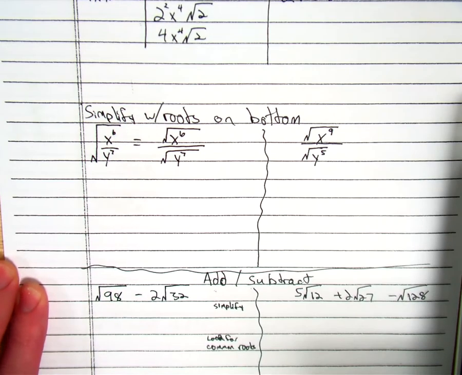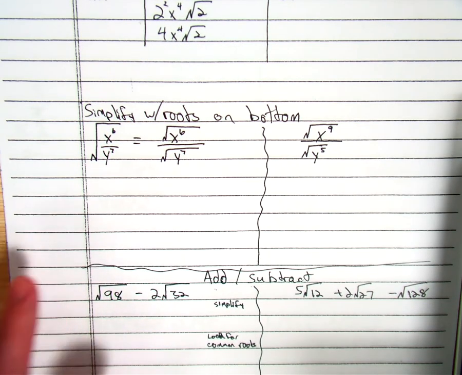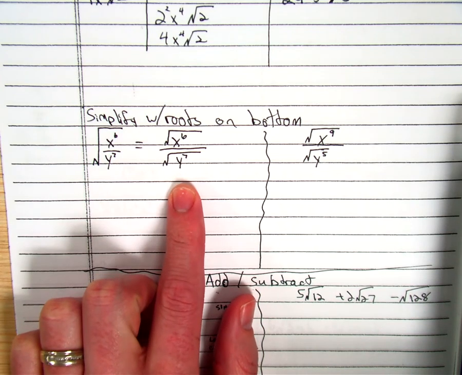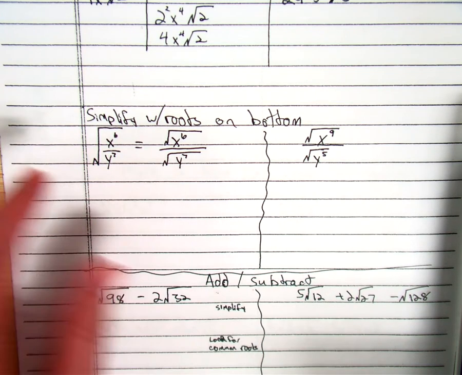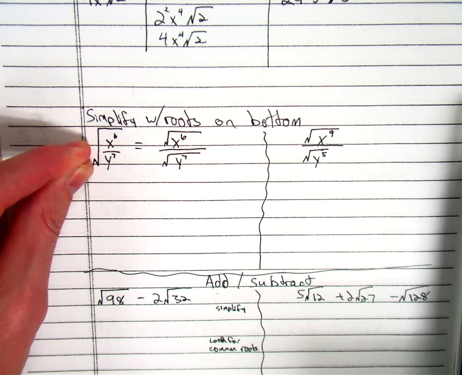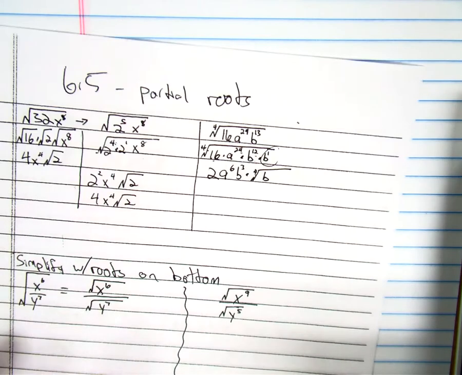Simplifying with roots on the bottom. It is bad math grammar, bad math etiquette to finish your final answer with a root on the bottom. So we're dealing with square roots here. Square root of a fraction, you can rewrite that as the square root of the top and the square root of the bottom separately.